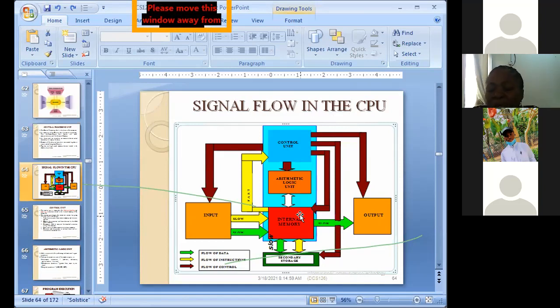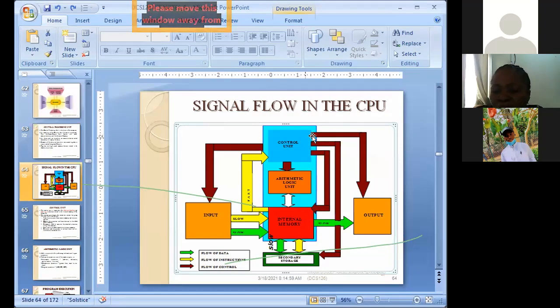If the user instruction is saying store or save the result of the processing, then the control unit will now signal, that's how you see the arrow going down, the secondary storage, which could be your hard disk, or your flash, or your CD, or whichever type of storage medium you want to use.